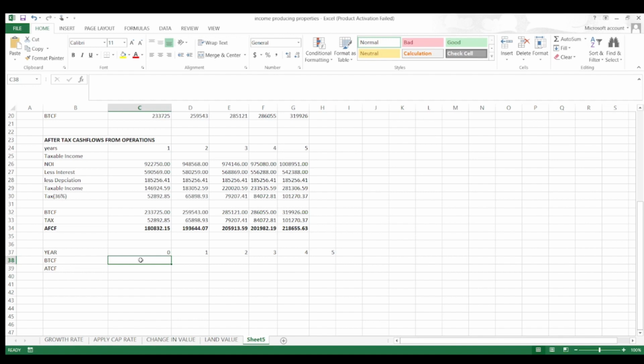So at the beginning of this investment, the client put in 30% of the sale price of the property, which is 30% of 8.5 million. So this is a negative cash flow, equal to negative 8.5 million multiplied by 30%.